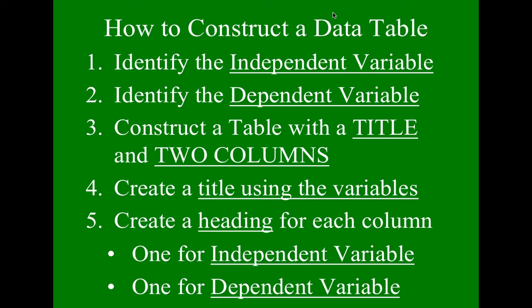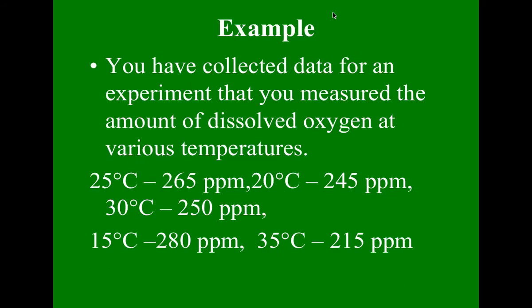So let's actually construct a data table in that blank space on your note packet, using the example that's listed in your notes. You have collected data for an experiment in which you measured the amount of dissolved oxygen at various temperatures. And that data is listed on the screen as well as on your paper. So our job is to construct our data table.